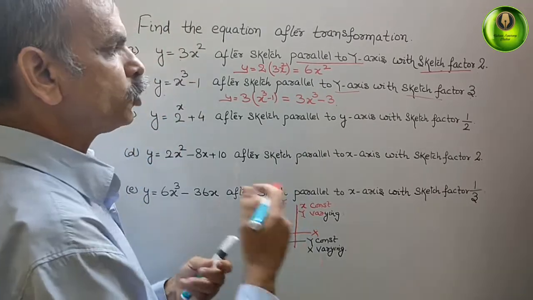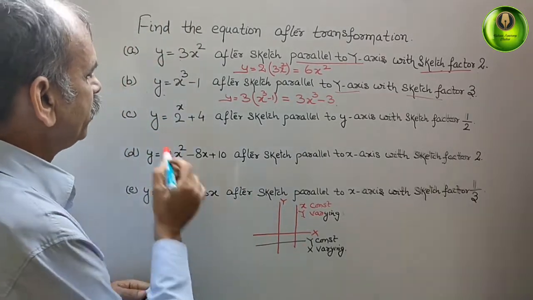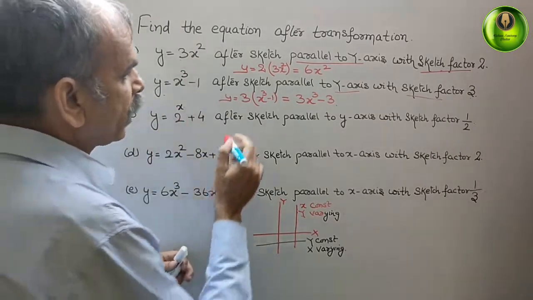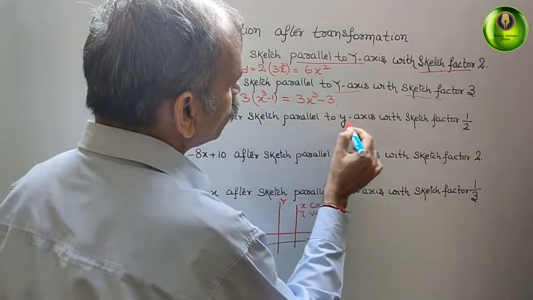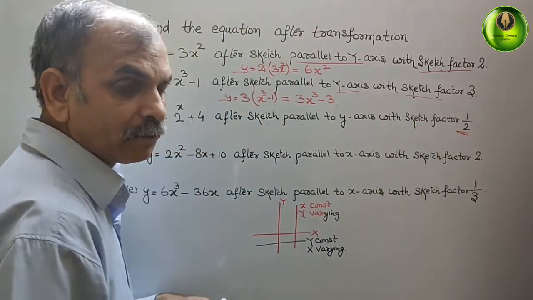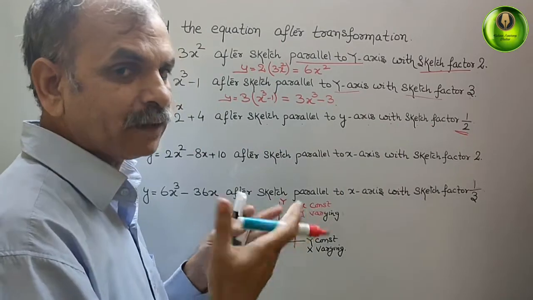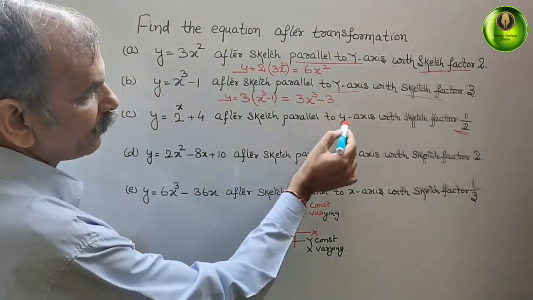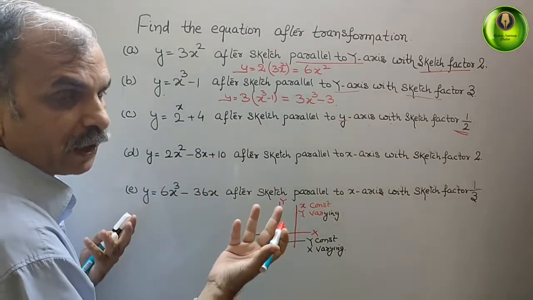Now, comes to the third one. Y is equal to 2x plus 4 after stretch parallel to y axis with the stretch factor half. That means what we have to do? Just divide by 2. See that? They have given y axis, that means y is varying.